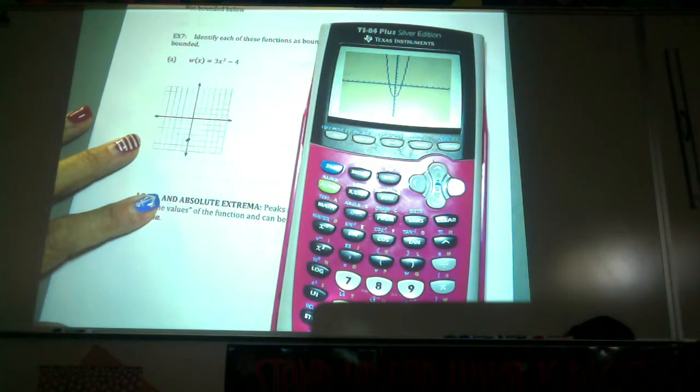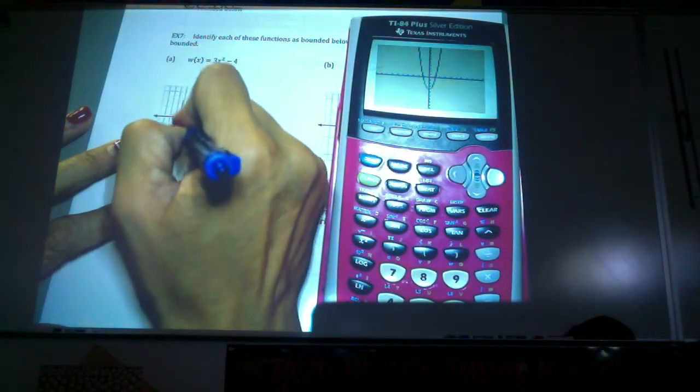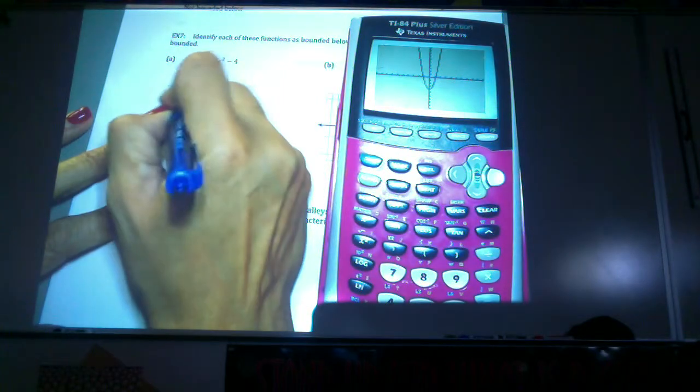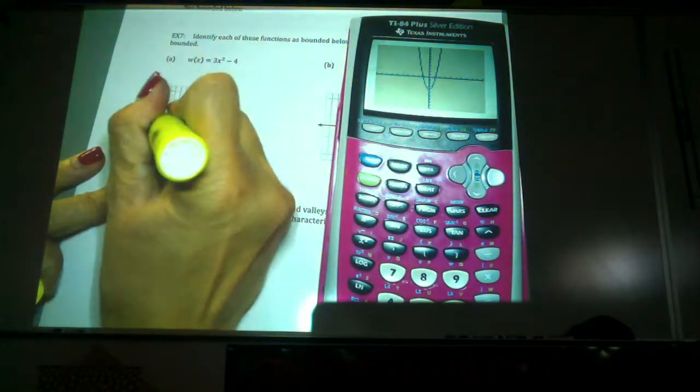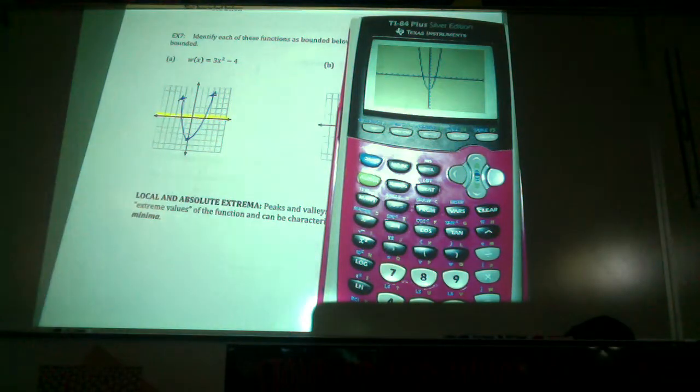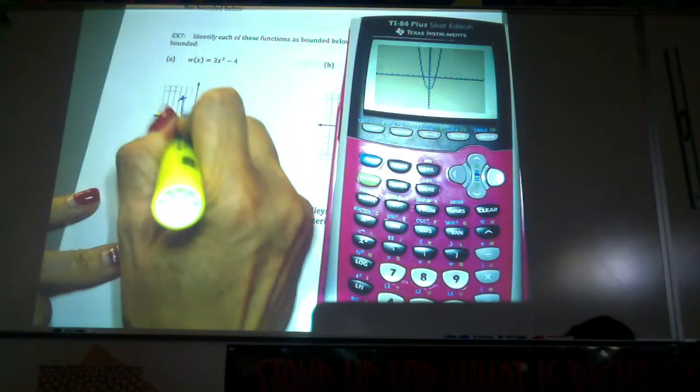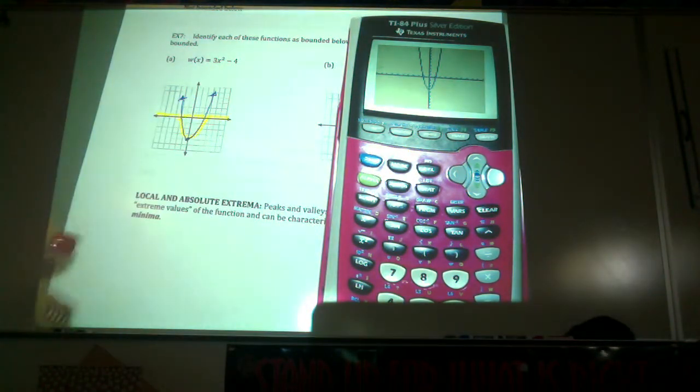If you're doing a test, I would expect you to find the zeros, right, and be a whole lot more accurate than I'm going to do right here. So in relation, here's your x-axis. Is this graph bounded above, bounded below, or just bounded, or neither? It is bounded below. Very good.